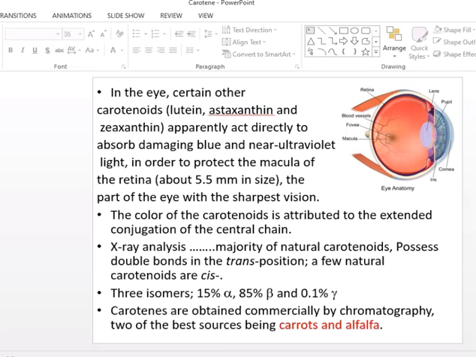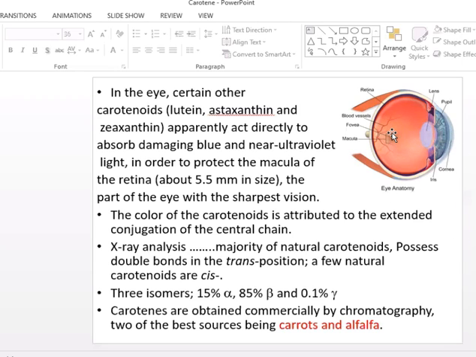astaxanthin, and zeaxanthin apparently act directly to absorb damaging blue and near ultraviolet light in order to protect the macula of the retina, the part of the eye with the sharpest vision. You can see the diagram.